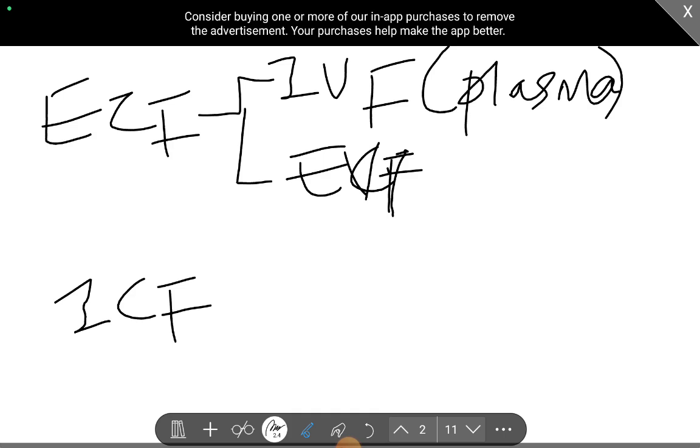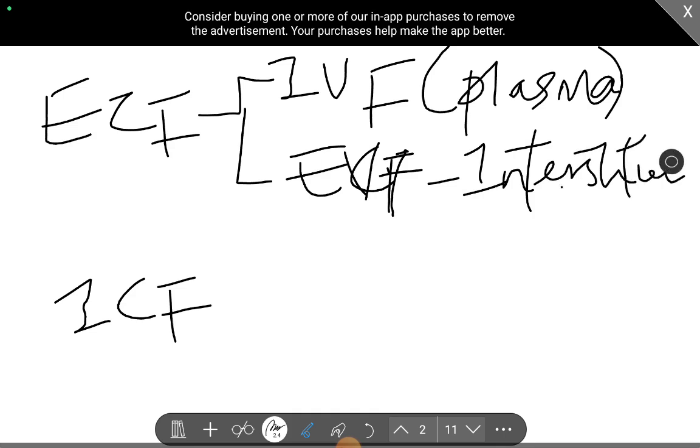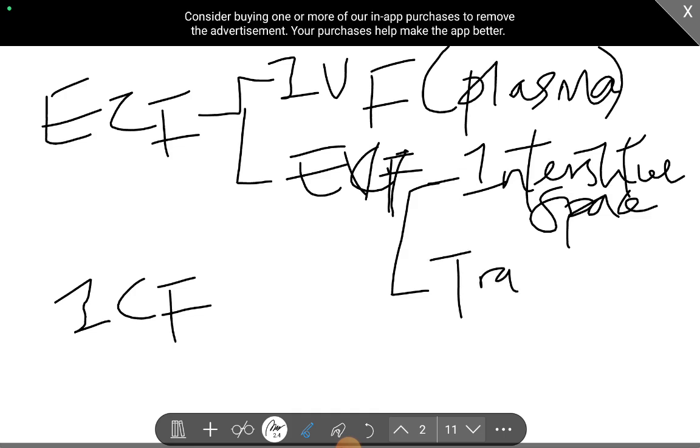While extravascular fluid is the fluid you find in the interstitial space, the interstitial fluid. And there is also transcellular fluid.